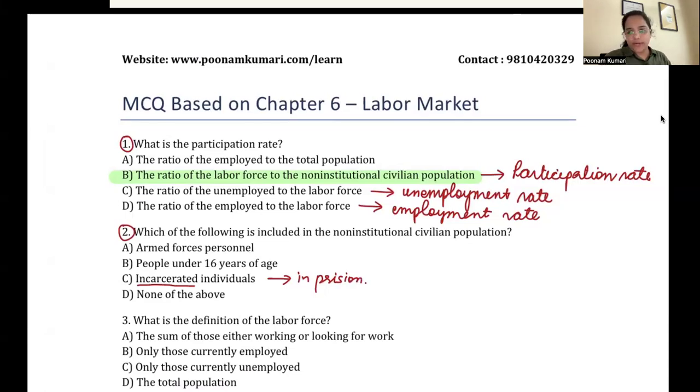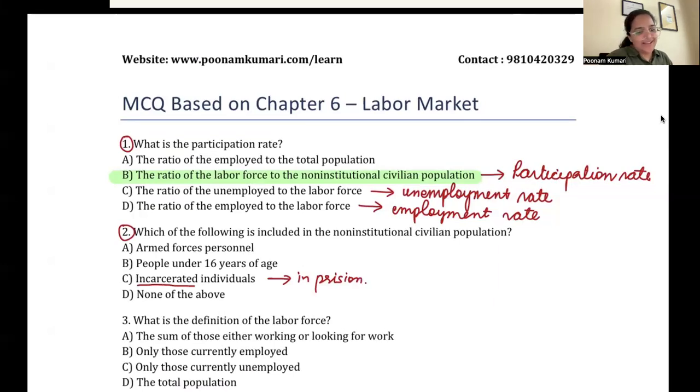The people who are employed in armed forces, are they part of civilian population? No. People below the age of 16, are they part of non-institutional civilian population or not? No, ma'am, I don't think so.